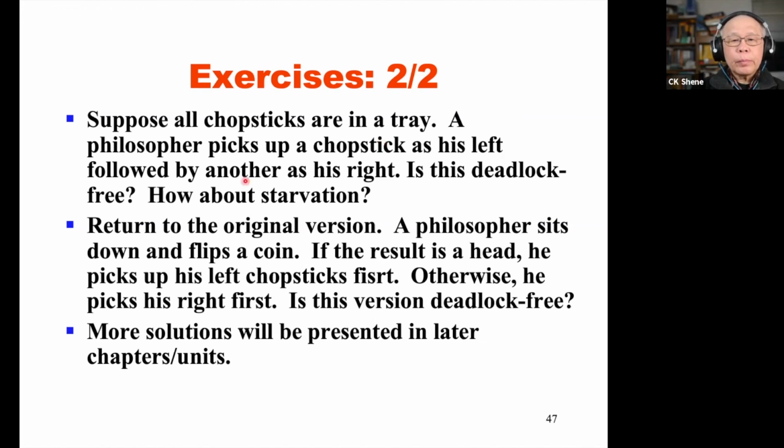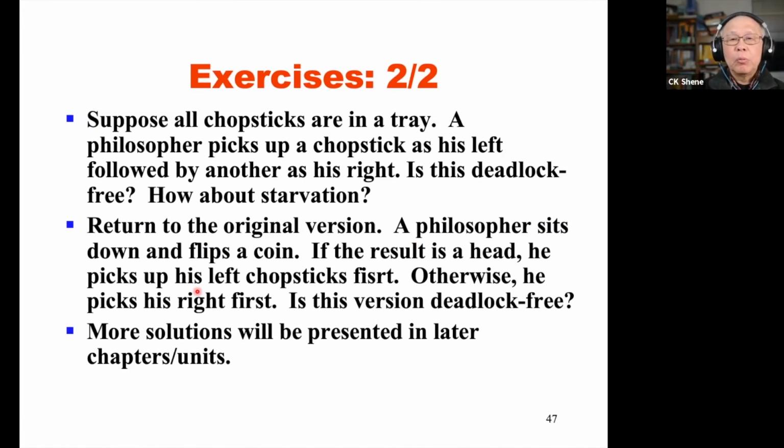Now, let's return to the original version. We assume that we ask each philosopher to do one more thing. A philosopher finds a seat and sits down, then flips a coin. If the result is a head, this philosopher picks up his left chopstick first. Otherwise, he picks up his right first.